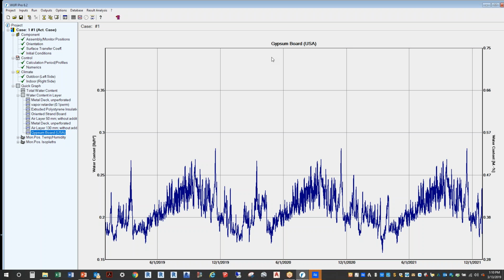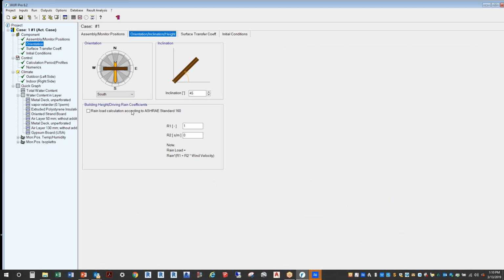So you would run this every time you have a different cladding. And you should do it for every orientation. That would be a good idea, and again, you just go back to orientation, and I think you can just click it up here and run it.